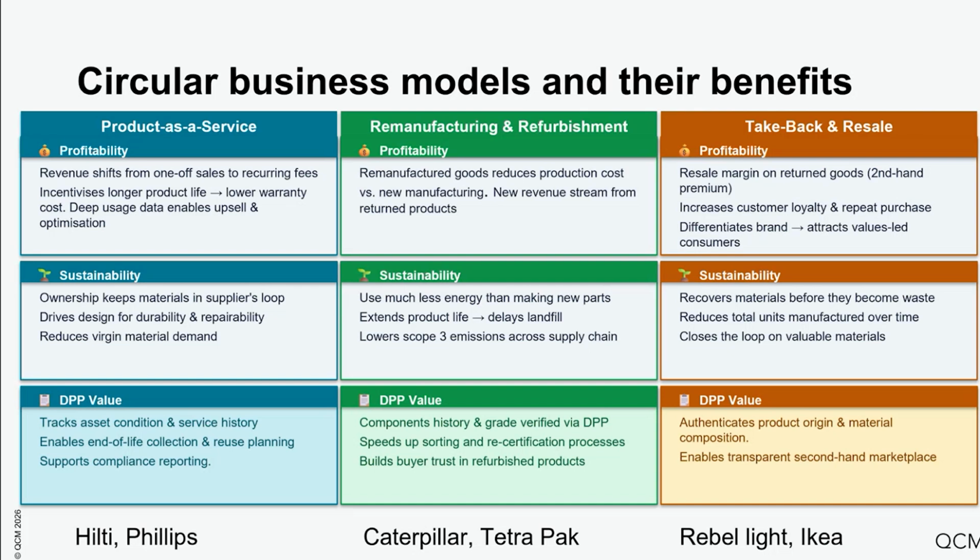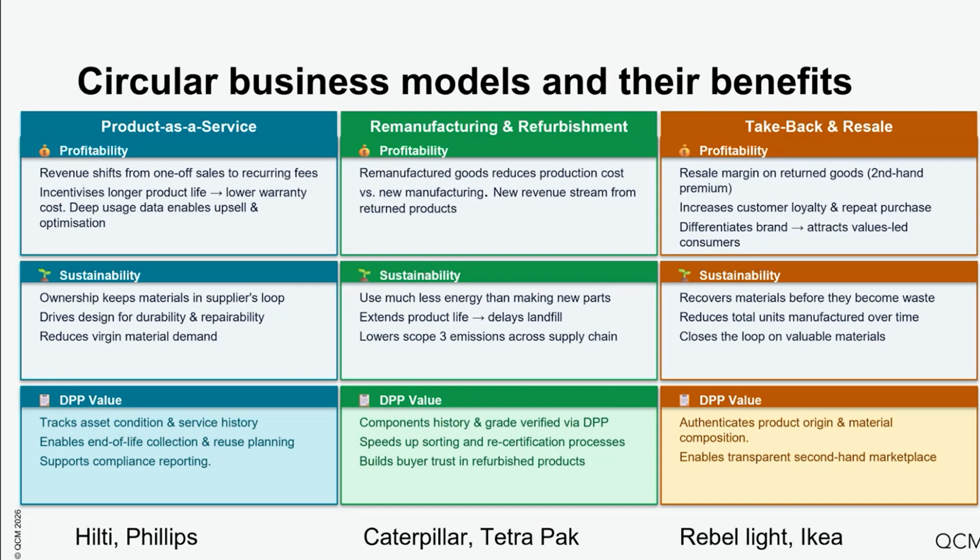For sustainability, of course, the owners keep the material in the supplier loops. So you have a longer loop of the material, so you reduce the virgin material demands. And you drive design for durability and repairability, because of course you want your product to stay on the market and generate these recurring fees as long as possible.